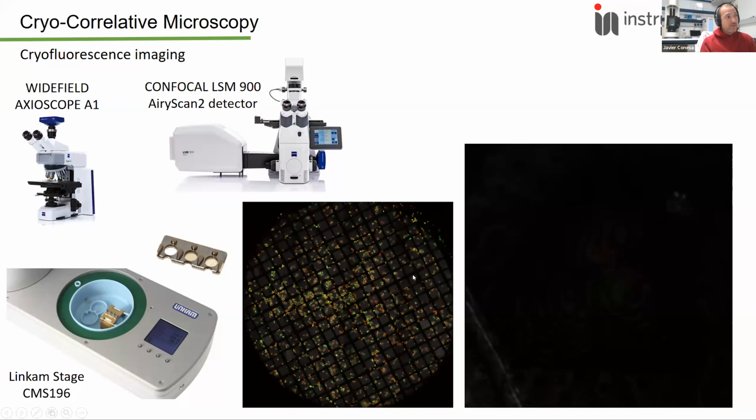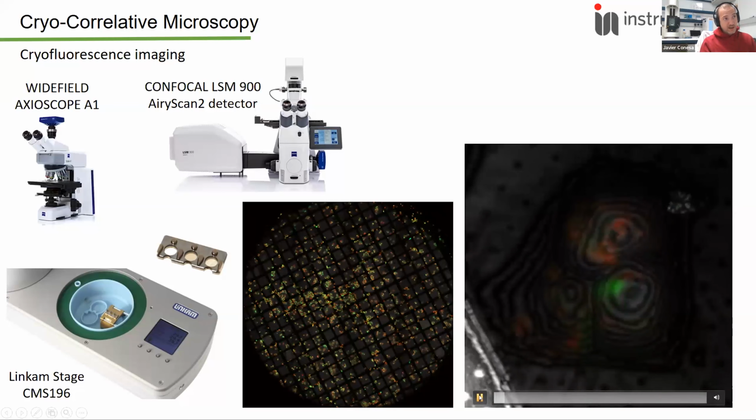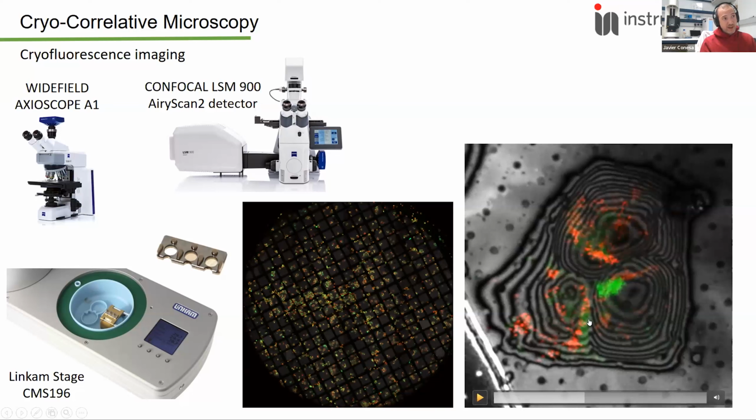Here an example of a grid with the cells attached to the surface. In this case, T lymphocytes stained with 2 different fluorophores that you can see in more detail here in this 3D confocal structure. Here we have in red the MitoTracker signal. In green, we have a specific endocytic compartment with a protein labeled with GFP.